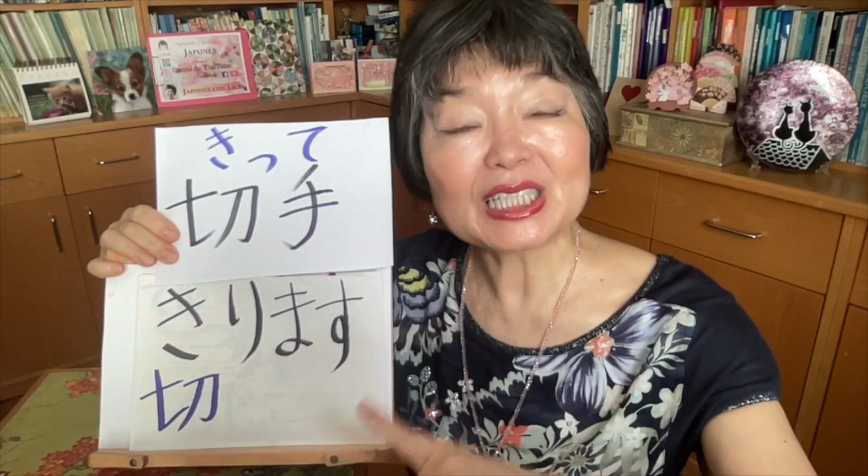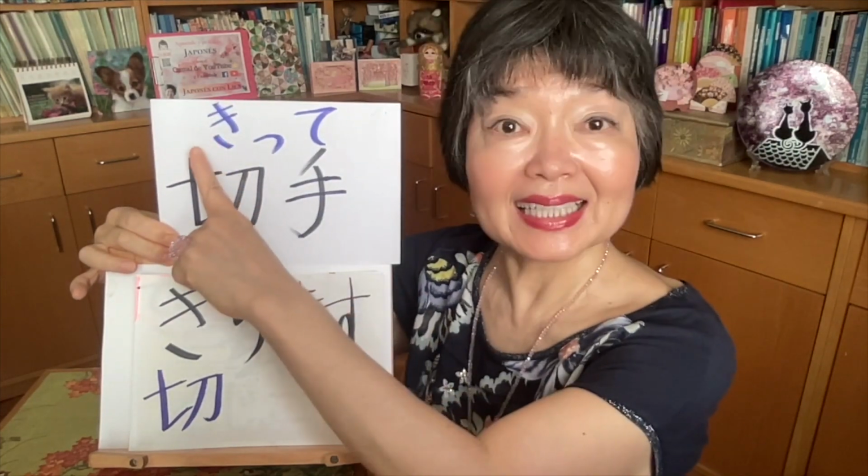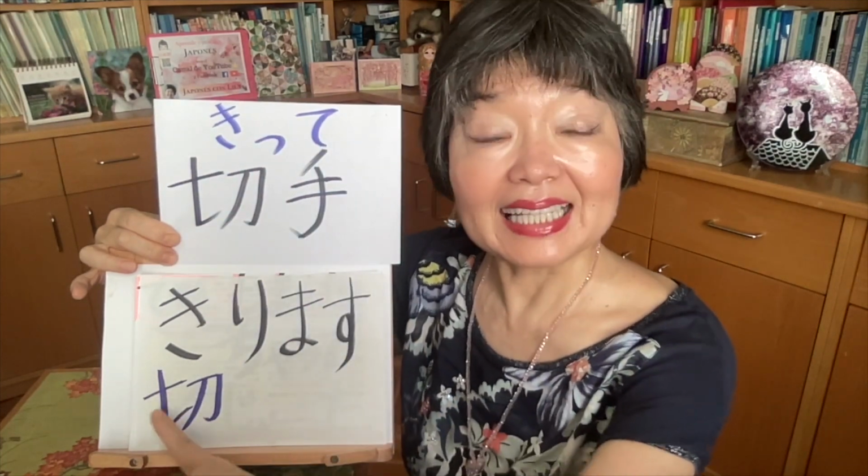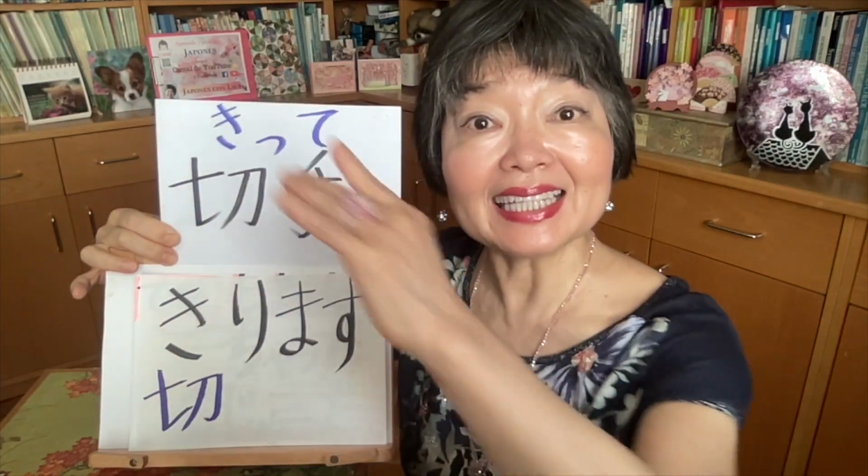The verb to cut. 切ります。Group 1. So, 切ります。切る。切って。切った。切らない。In hiragana, you write 切って. And the intonation is very important.